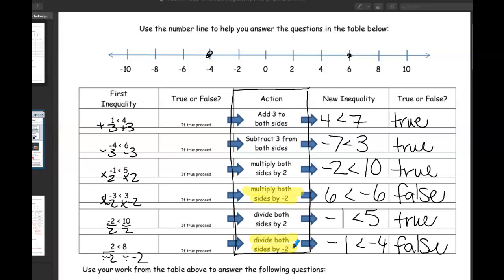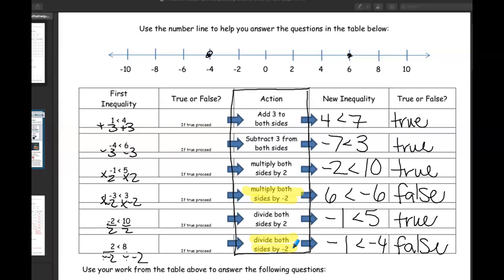Do we agree with that? Yes. So number 1, multiplying and dividing by a negative number. When you subtracted, did that make the inequality false? No. It's just multiplying and dividing by a negative number.